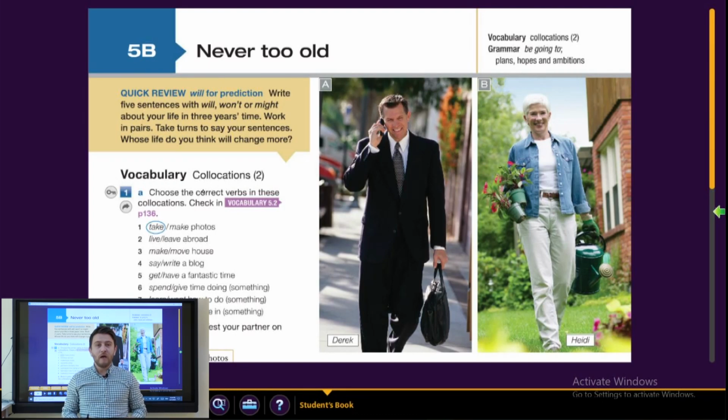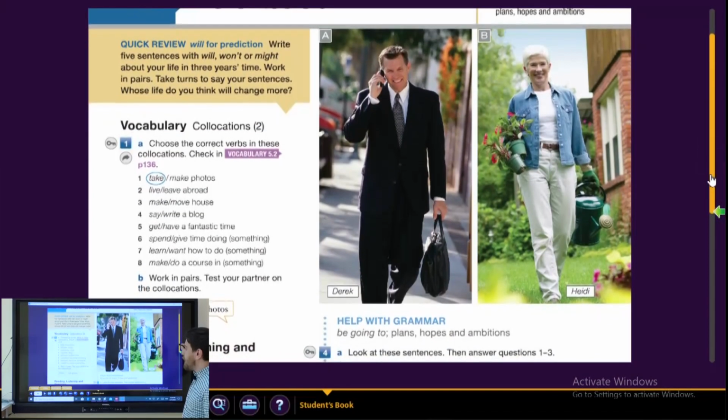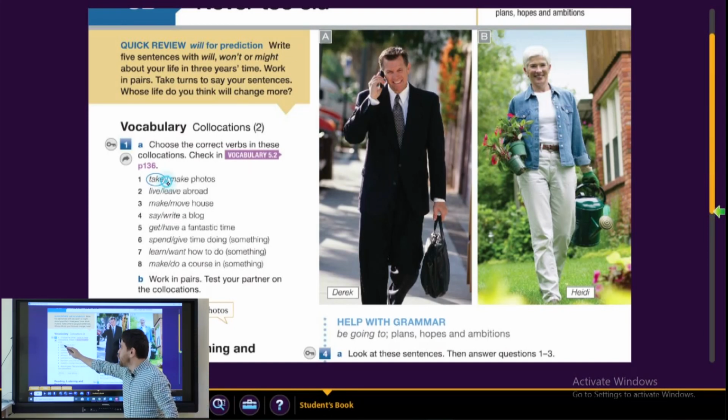Collocation means a combination of two words or a group of words. Let's have a look at the examples of some collocations. Number one, you take photos. Like, when you have a headache, you take painkillers, medicine, or we say aspirin.